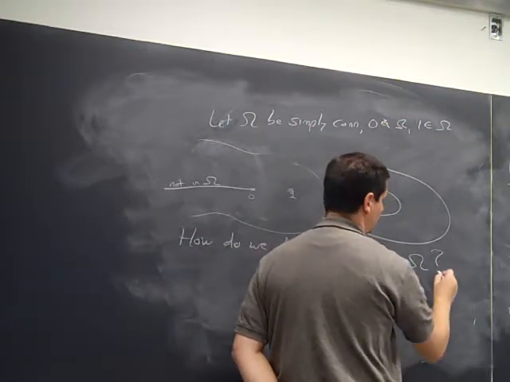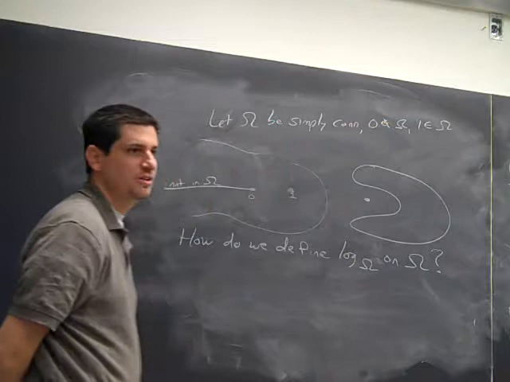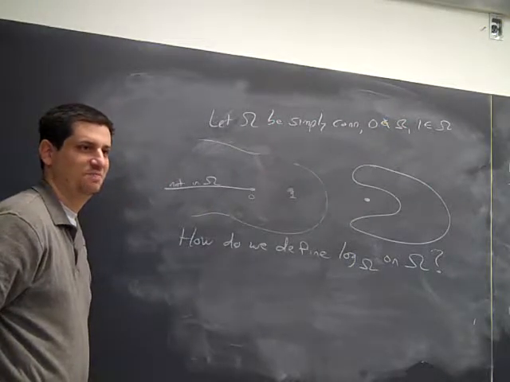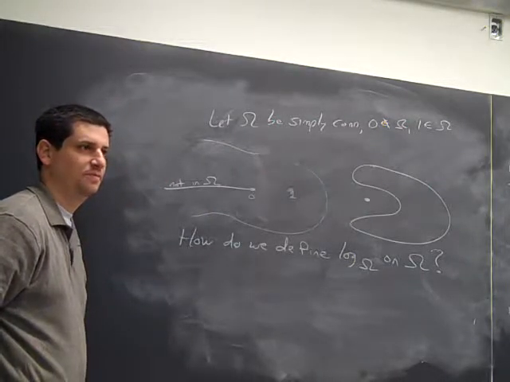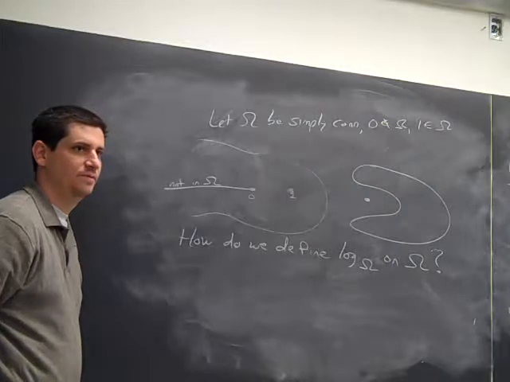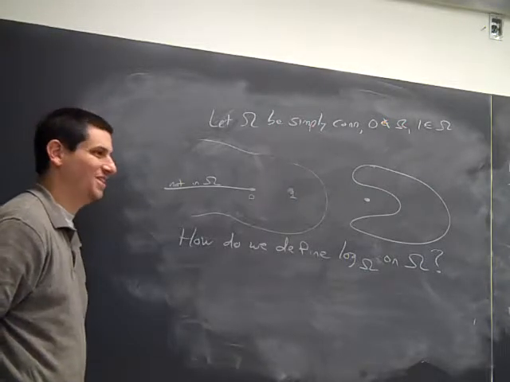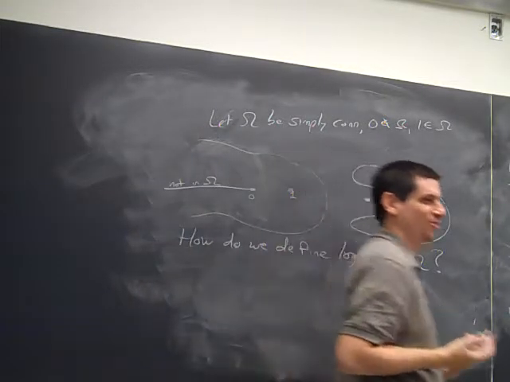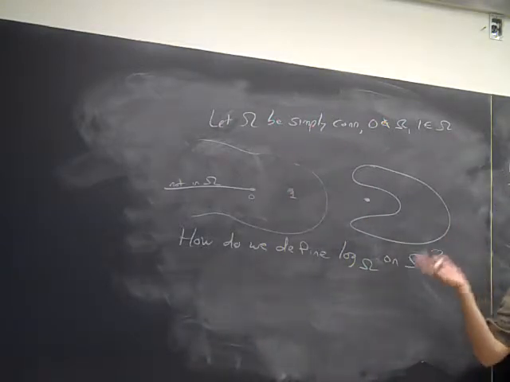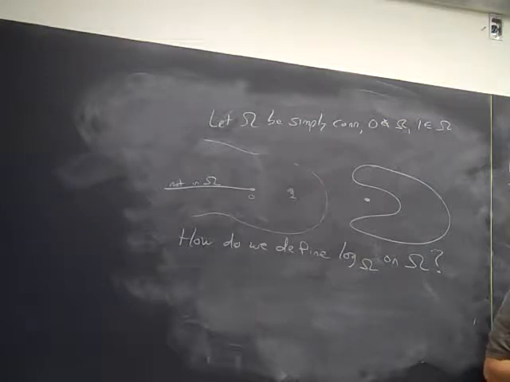It should be obvious, but why am I calling it log sub omega? Because it depends on omega. Notation should be good, right? This notation tells me I'm going to define a logarithm, and the definition of the logarithm will depend on the region.